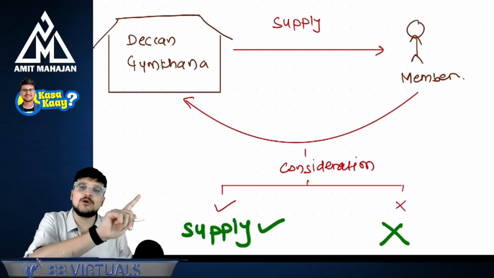So government is charging my outward supply as taxable, which means, as per valuation rules, Amit will have to pay GST on this because they will identify one value and I will have to pay GST on that value. So for Amit, there is an outward tax.